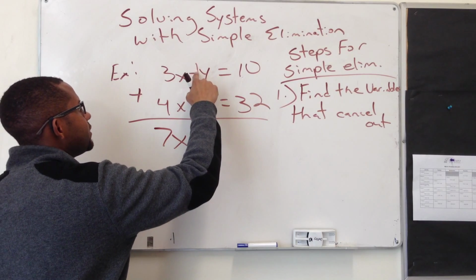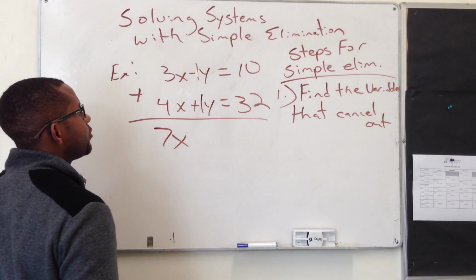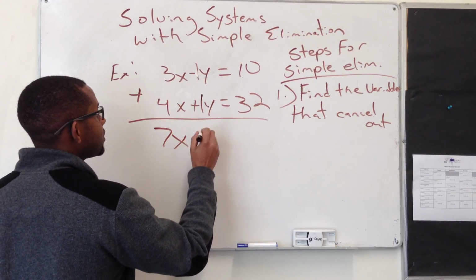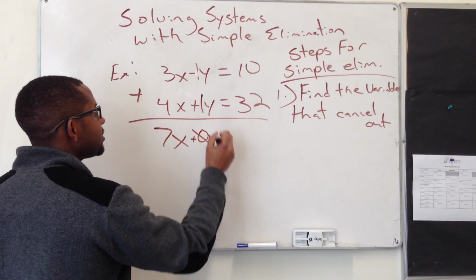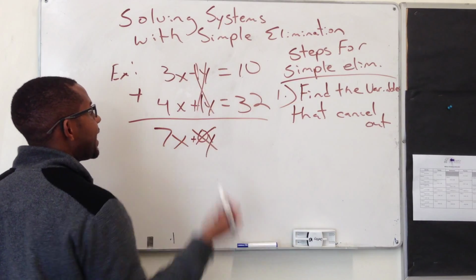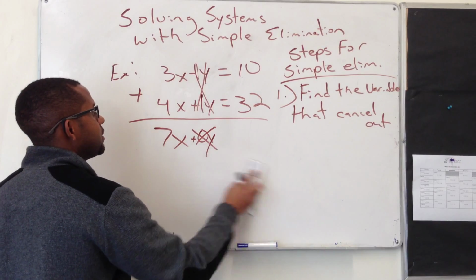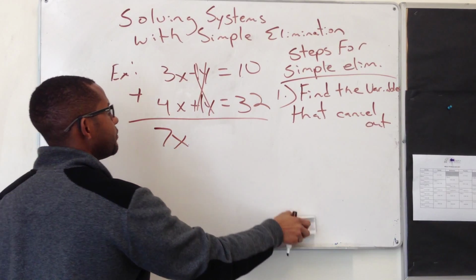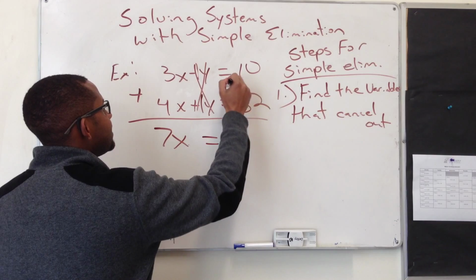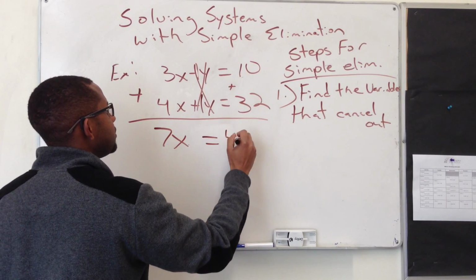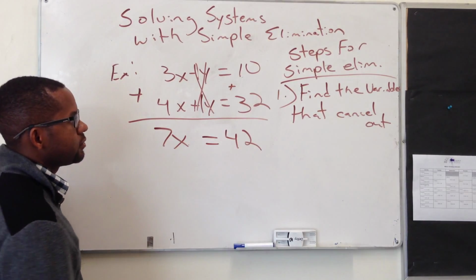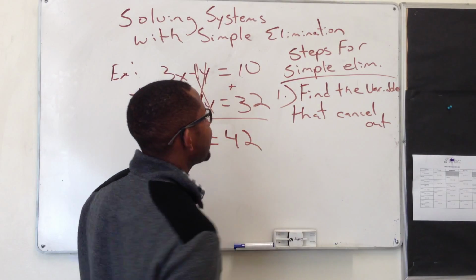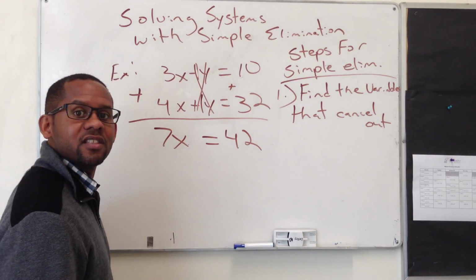Negative 1y plus positive 1y equals 0 y's, which is nothing, which cancel out, right? And 10 plus 32 equals 42. So find the variables that cancel out. In this case, it was y.